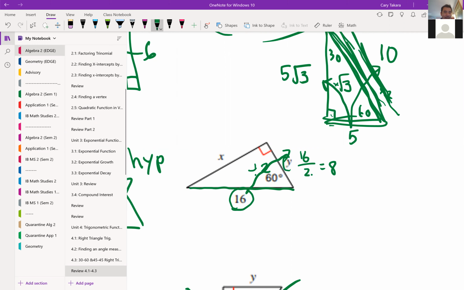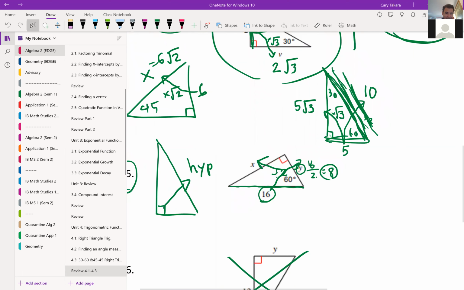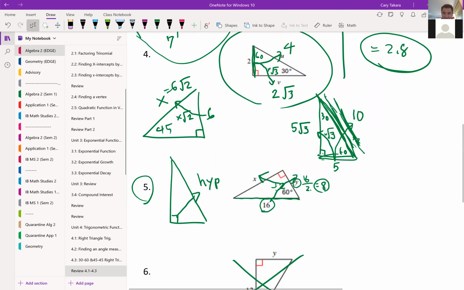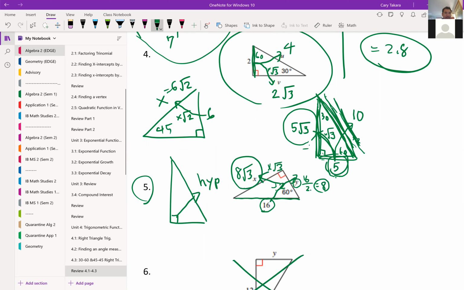And now the y is 8. How do you get to x? Now you're going from short to long, so you have to multiply by something. How do you go from the short leg to the longer leg? You've got to multiply by square root of 3. So it's going to be 8 square root of 3. And that will be the x.